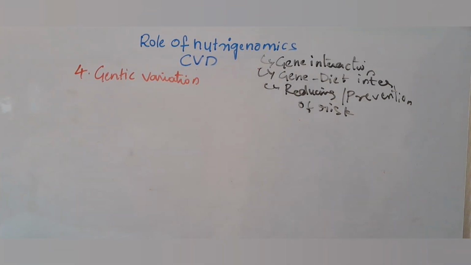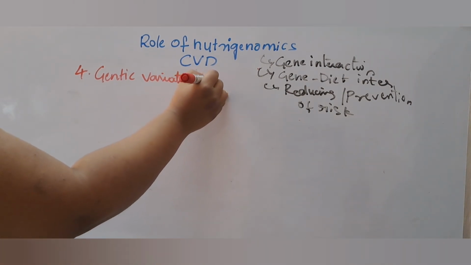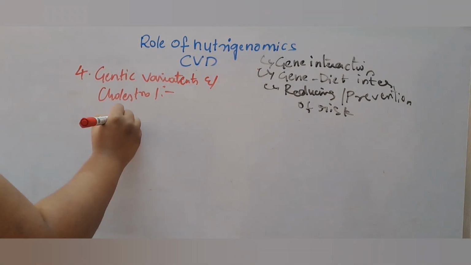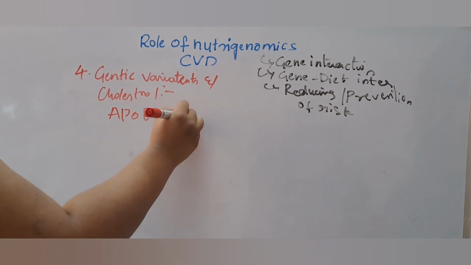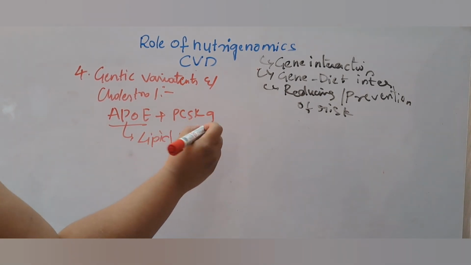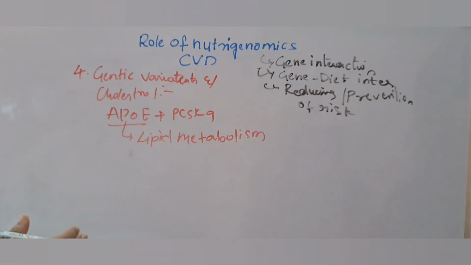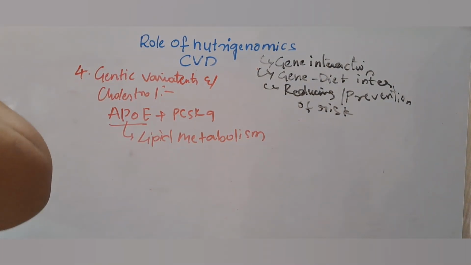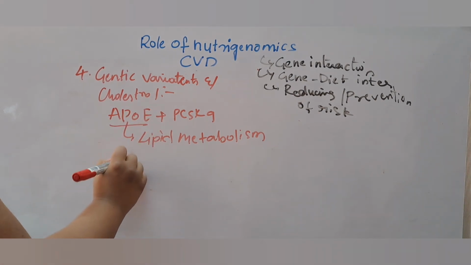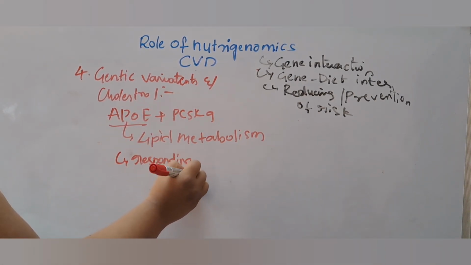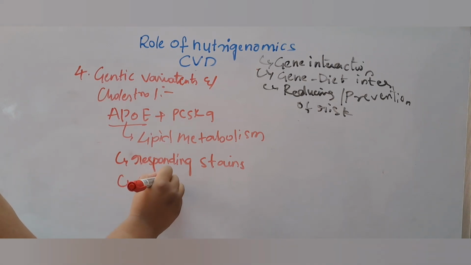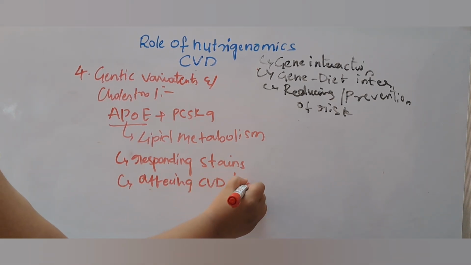In that, genes like APOE and PCSK9: as I said, APOE generally influences lipid metabolism, which responds to statins, affecting CVD treatment.